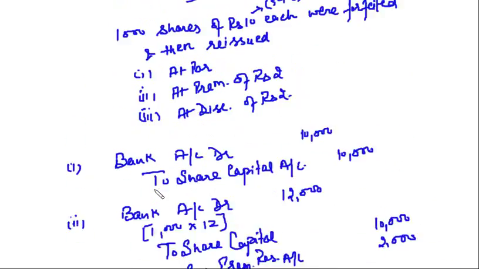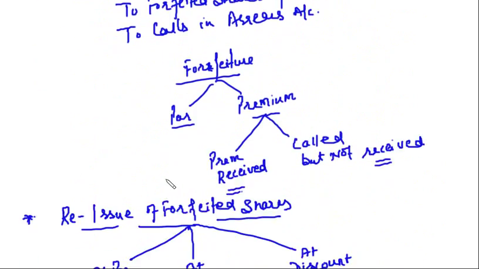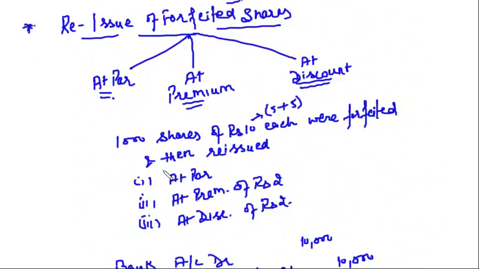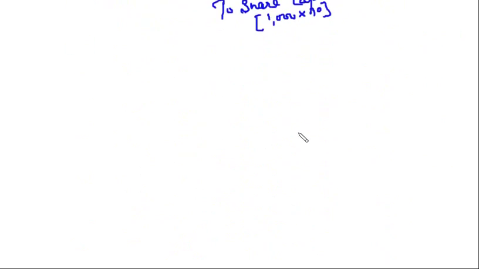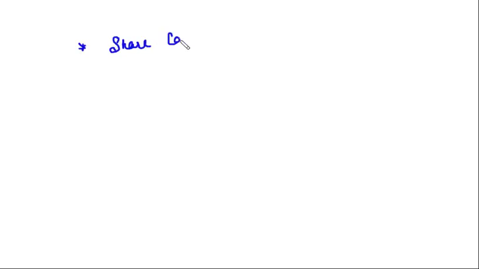Now tell me one thing. You originally issued the shares, right? You received 5 rupees on those shares. Say on these 1000 shares you have received 5 rupees. That means 5000 rupees you have received. That is kept in your forfeited shares account. You must have passed this journal entry: share capital with the amount called up.